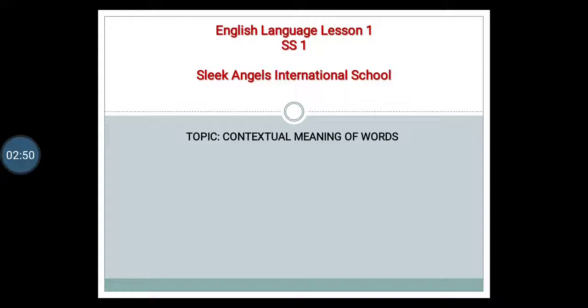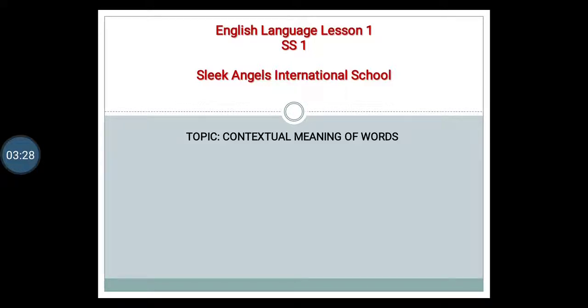In these comprehension passages, sometimes words are singled out, words where you may have to replace them with synonyms or with antonyms. You replace them with either synonyms, antonyms, or phrases, but the phrases will have to be either a synonym or an antonym of the word in question.